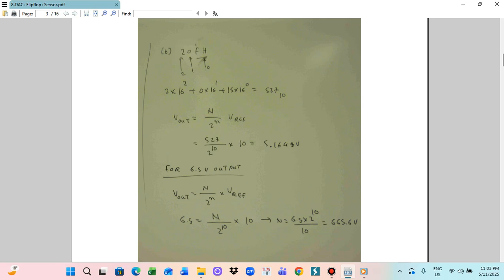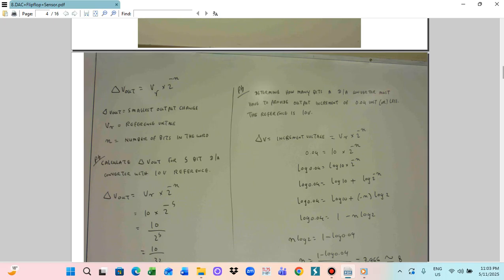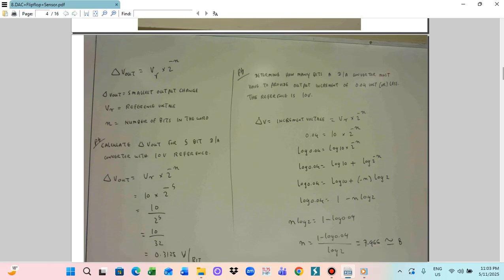Okay, another one will use output change. The change of the output voltage and the reference voltage are related by a formula. The formula is delta VR, the smallest output voltage change, equal to VR multiplied by 2 power minus n. Delta VR means the smallest change in the output voltage.